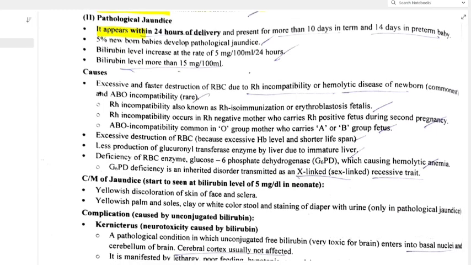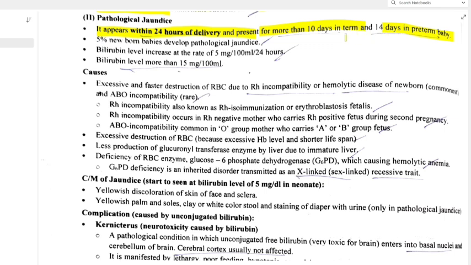It appears within 24 hours of delivery and is present for more than 10 days in term and 14 days in preterm. In physiological, we have studied that within 10 days in term and within 14 days in preterm, it was resolving spontaneously without any treatment.